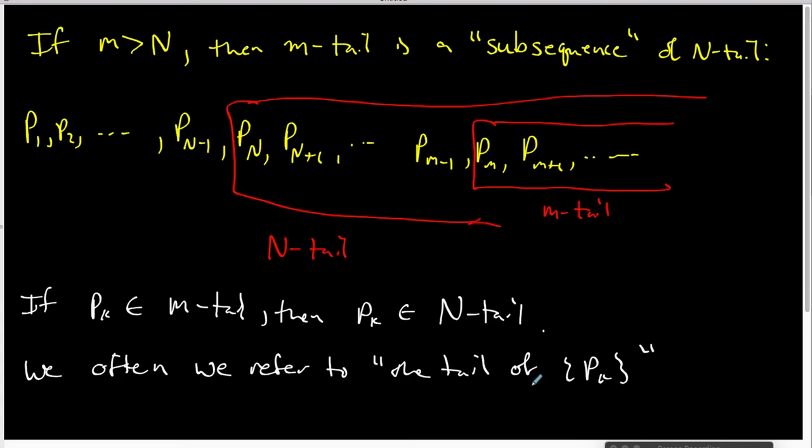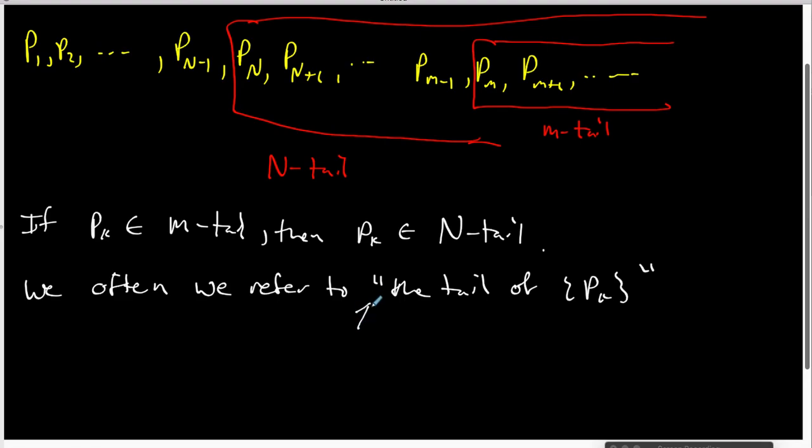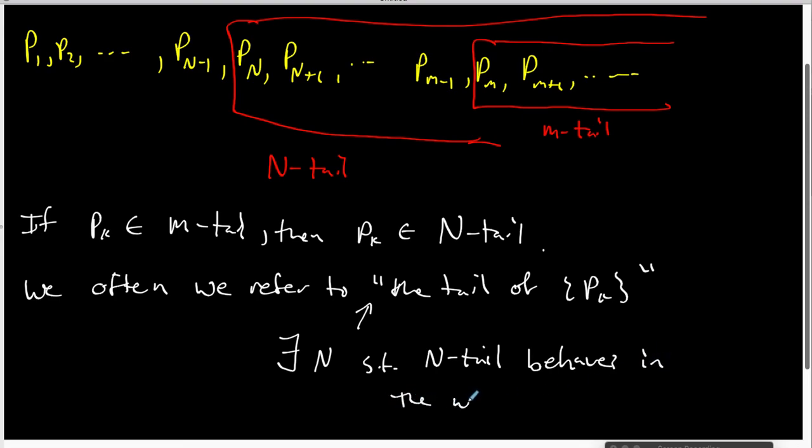And when we're talking about just the tail of a sequence, what this means is that there exists an N tail, well, I should say there exists a capital N, such that the N tail somehow behaves in the desired fashion, so in the way we want.